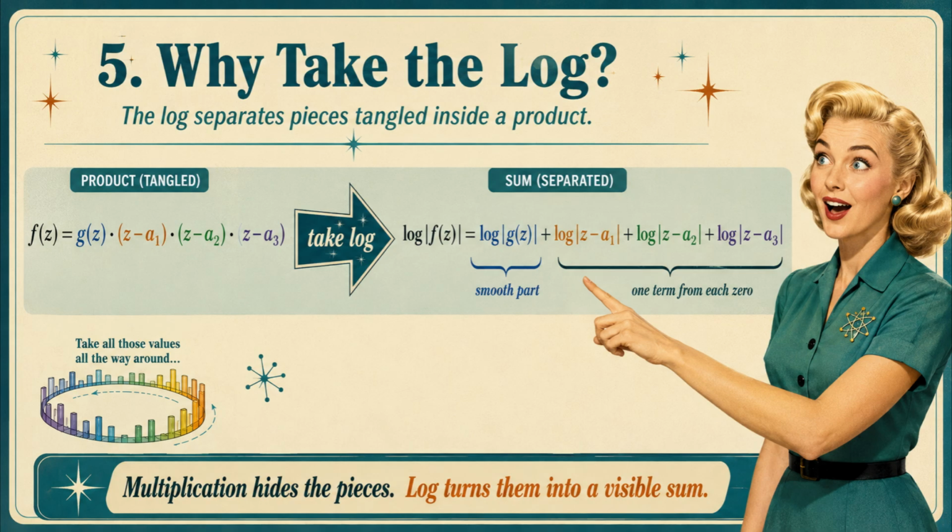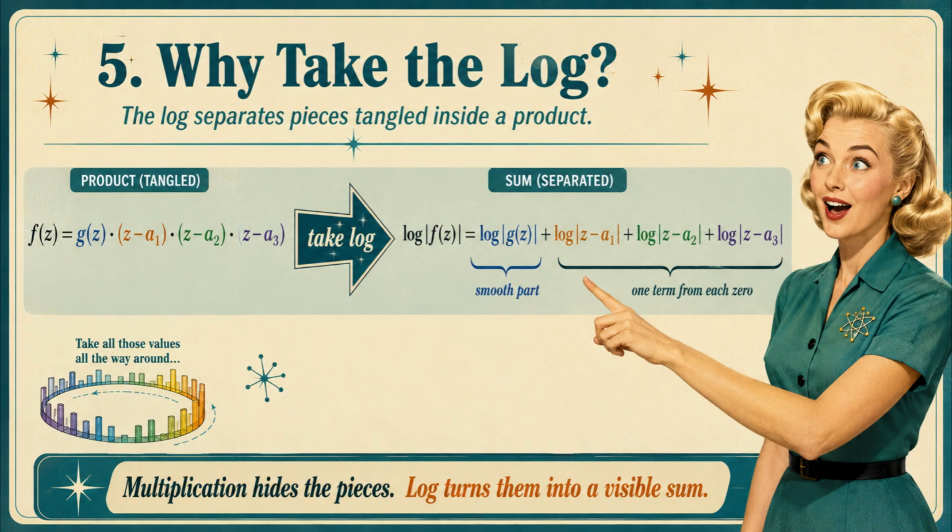Why take the log? This is the key move. Zeros are naturally connected to multiplication. A function with zeros can be thought of as a smooth part multiplied by zero factors. Here is the spoken version.